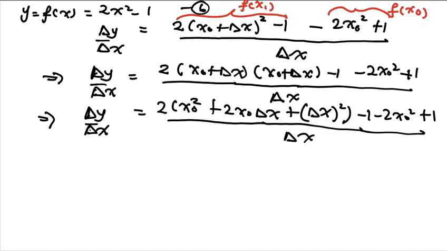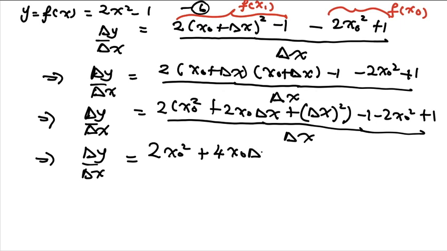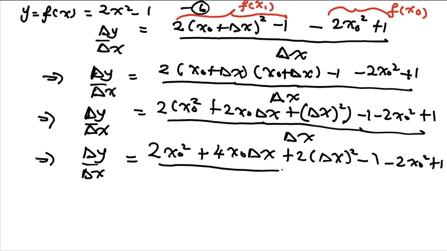So from here, expand it even further, you can get 2x0 squared plus 4x0 change in x plus 2 times change in x squared minus 1 minus 2x0 squared plus 1, divided by change in x, isn't it?